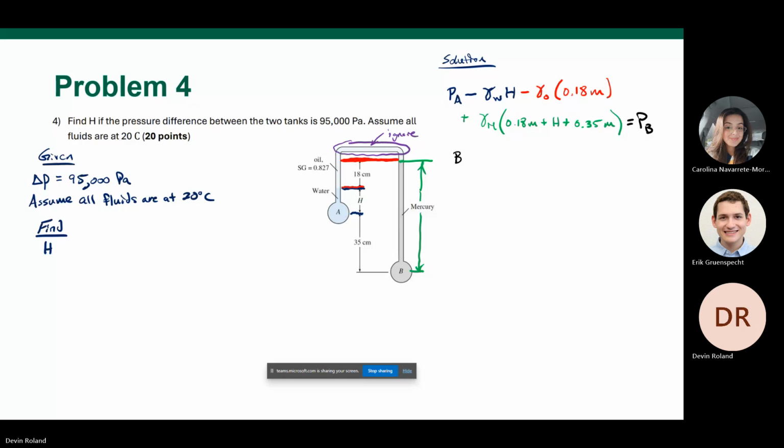So now we have PB minus PA is equal to negative gamma for water, H, minus gamma for oil, 0.18 meters, plus the gamma for mercury times, I'm going to combine these terms to make it a little bit more readable, 0.53 plus H. Maybe I'll go ahead and write meters here. Meters plus H. Okay.